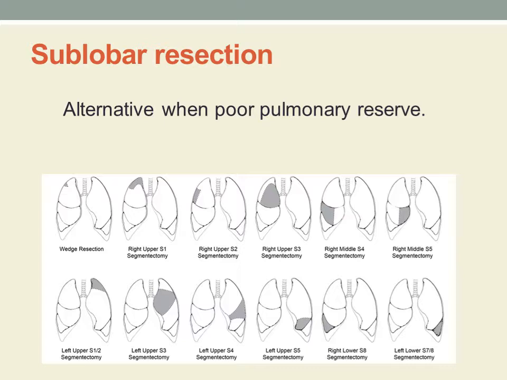Sublobar resections generally refer to wedge resections and segmental resections, and they are usually performed as an alternative to lobectomy in patients with peripheral tumors and limited pulmonary reserve. Wedge resection entails macroscopic clearance of the tumor with a surrounding margin of lung tissue and does not follow the anatomical boundaries, whereas segmental resection involves division of the vessels and bronchi to the distinct anatomical segment. Segmental resection removes the draining lymphatics and veins and might therefore result in a low recurrence rate, although there is no evidence for this.